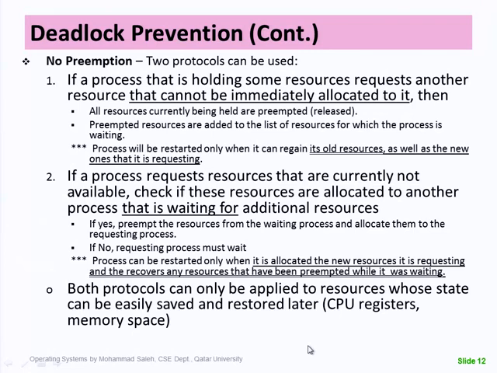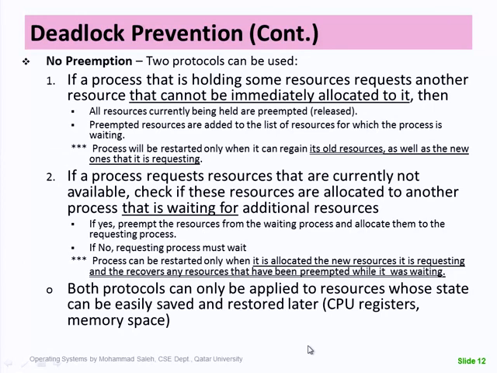One of them is that when a process is holding some resources and requesting additional resources, and the requested resources are not currently available, what are we going to do? We're going to release all the resources that the process is holding. So you request, either you gain or you lose.